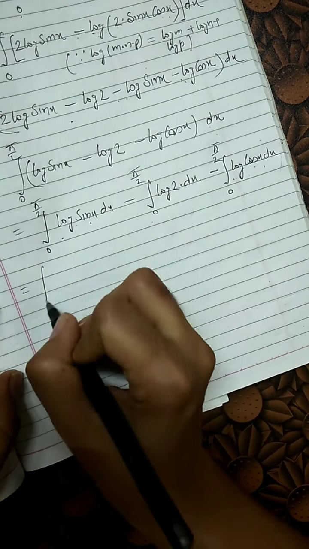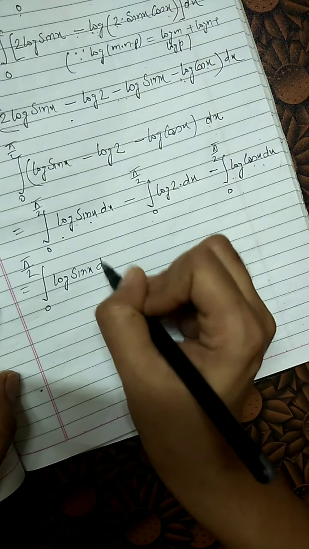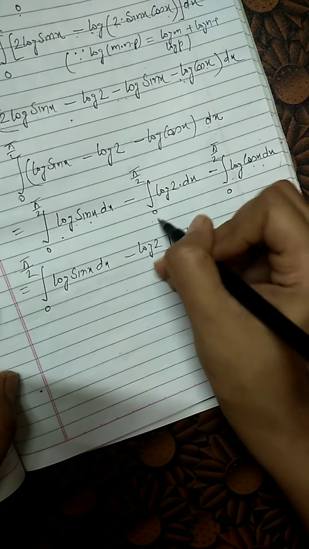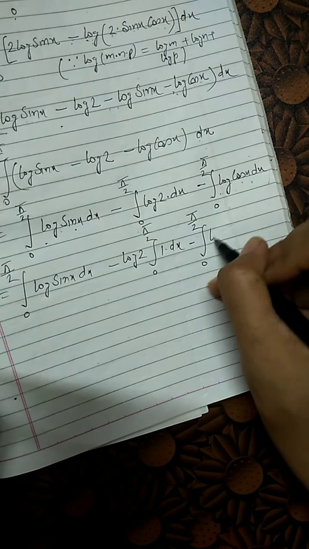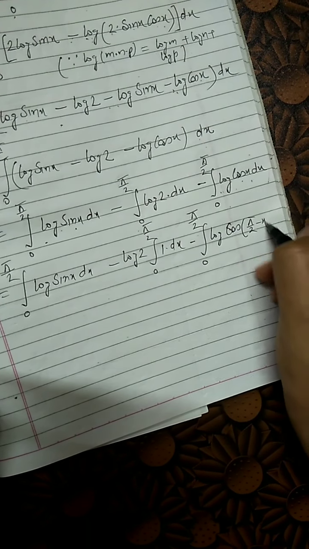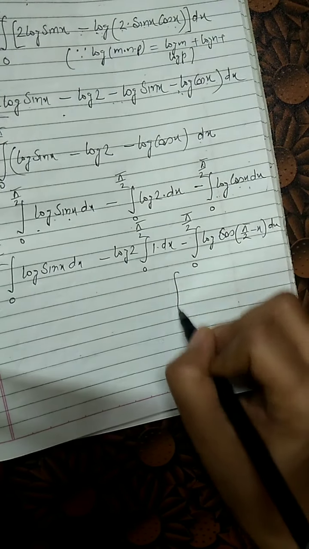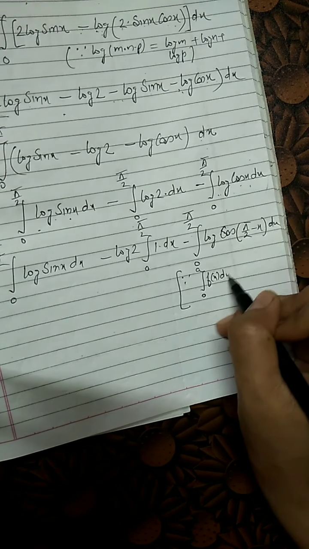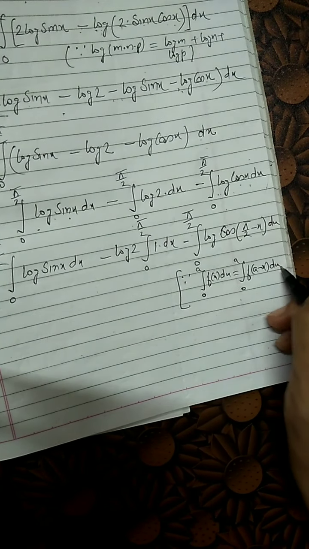So what we will do here, this integral I am not going to change. This integral we will keep as such, minus log 2 constant into 0 to pi by 2, minus here 0 to pi by 2, we will apply the property log of cos(pi by 2 minus x) dx. Now cos(pi by 2 minus x), I am mentioning the property here, which property we are applying, because integral 0 to a f(x) dx is equal to integral 0 to a f(a minus x) dx.